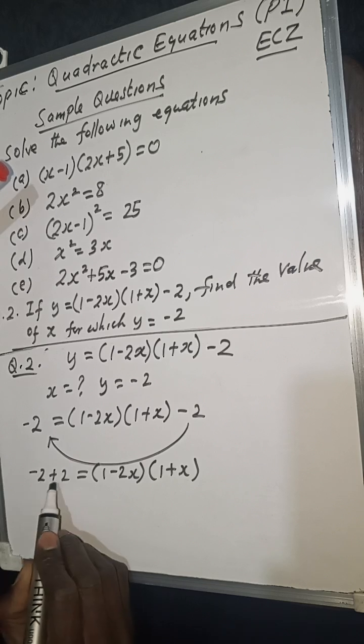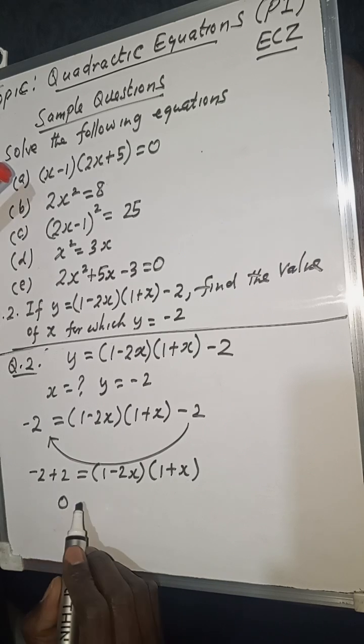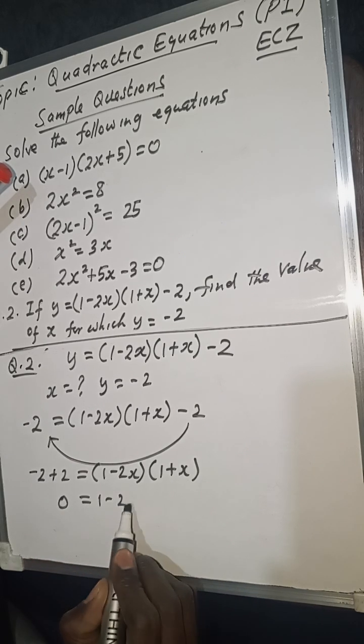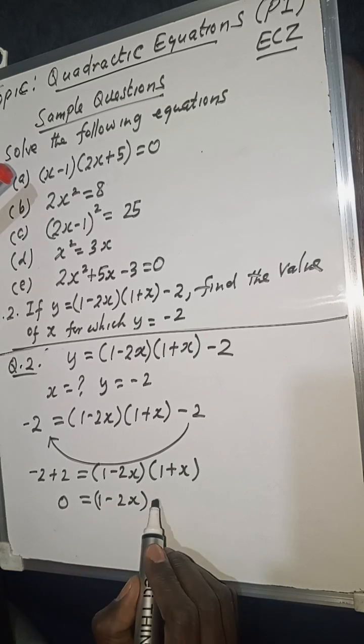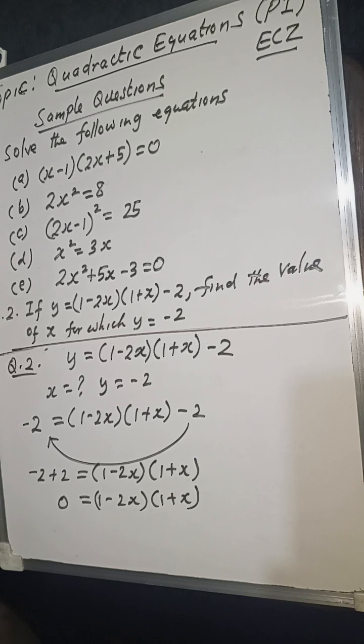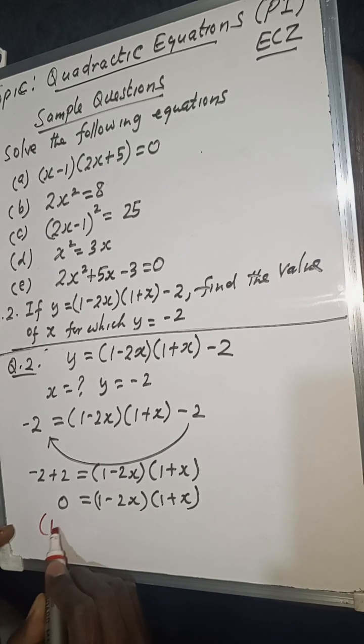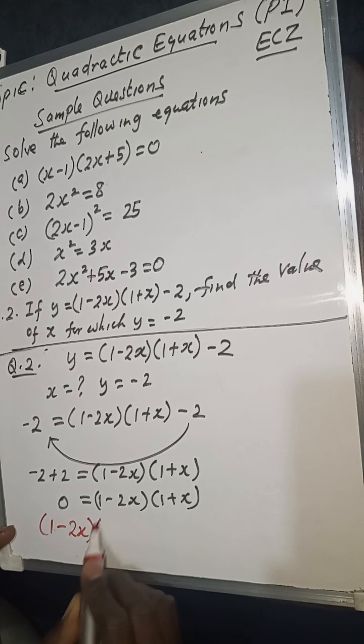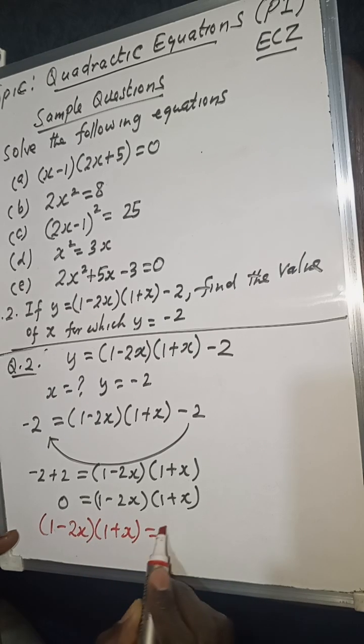So negative 2 plus 2 gives me 0, which is equal to 1 minus 2x times 1 plus x. You can rewrite it as 1 minus 2x times 1 plus x is equal to 0.